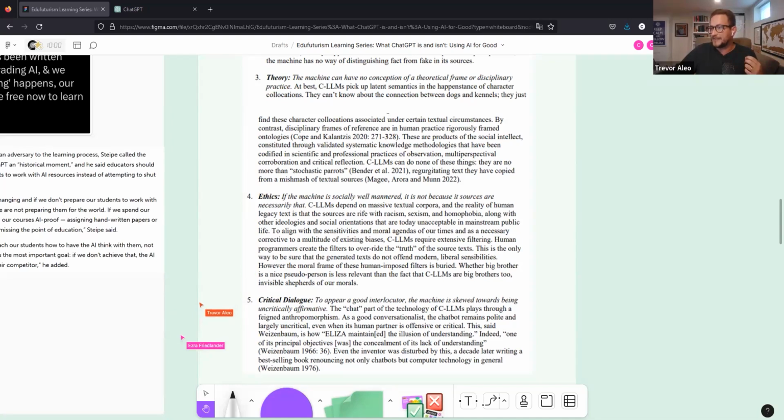So the next two I see as kind of being linked. First being ethics. It's socially well-mannered, but not because its sources necessarily are. That can be particularly insidious when it presents really problematic information in a way that comes across as well-mannered, right?